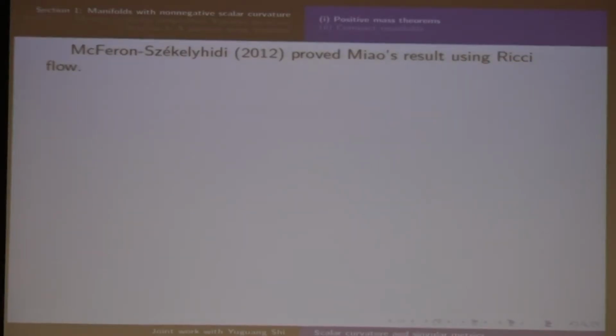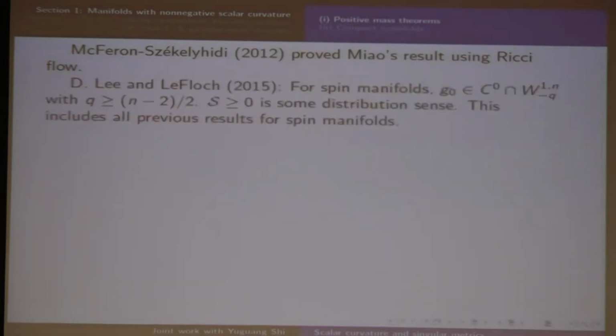So later on, I'm sorry that I'm very bad at pronouncing people's names. I don't know how to pronounce them, but these two persons, to be neutral, proved Mel's result using the Ricci flow. So it has something to do with Ricci flow. Therefore, it's nice to talk about this topic in this workshop.